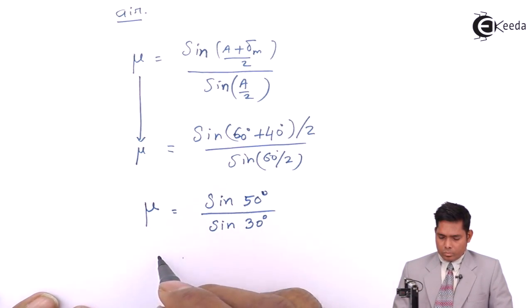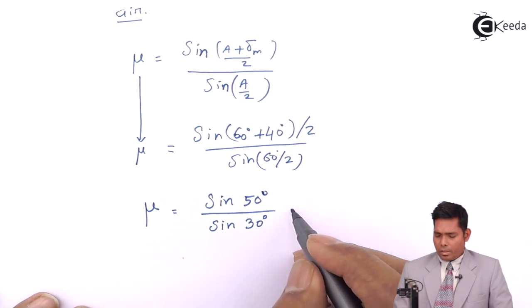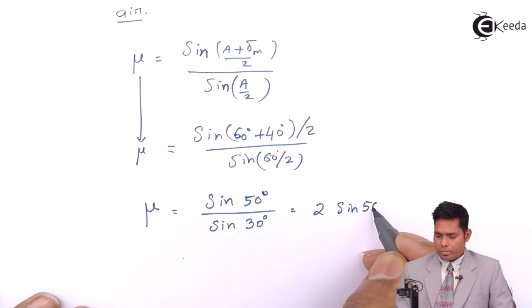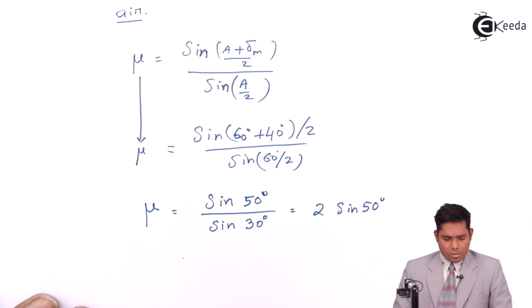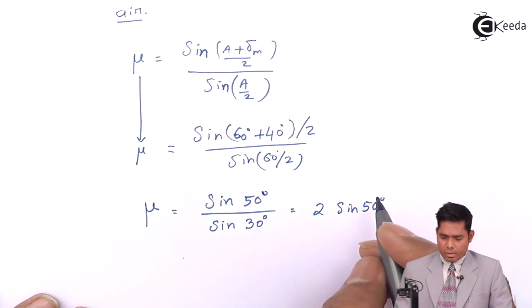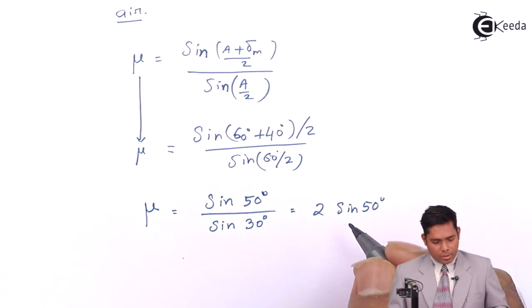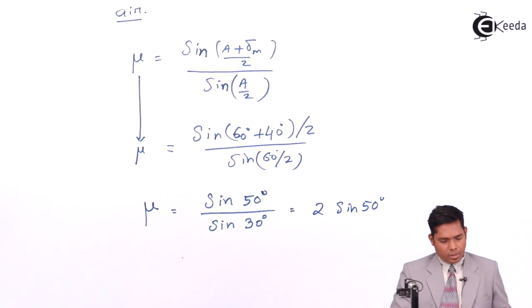So sine 50 by sine 30, sine 30 is half, so it goes 2 times sine of 50 degree. If I solve this here, let me check what is sine 50.